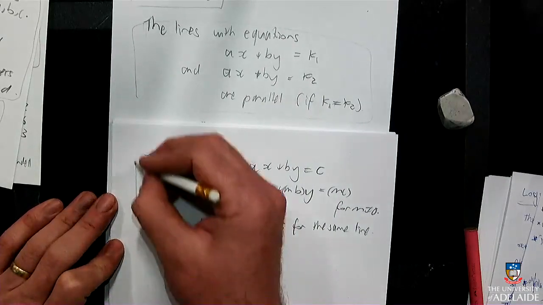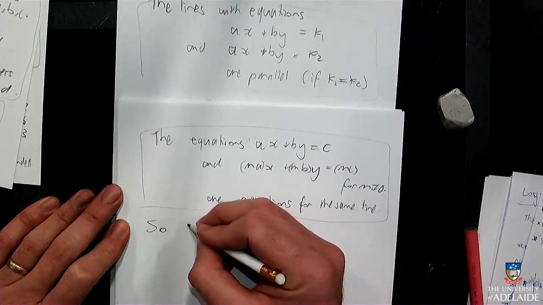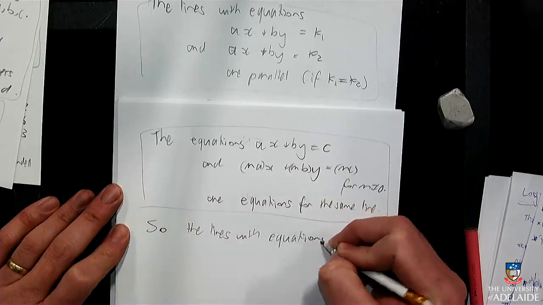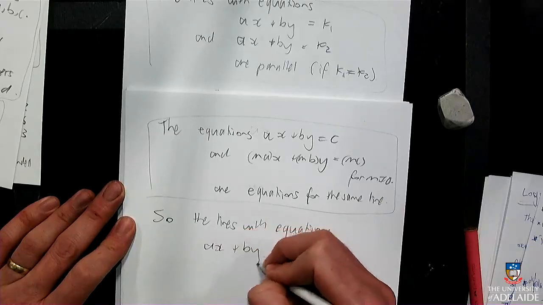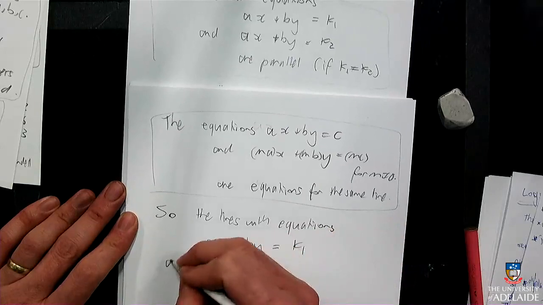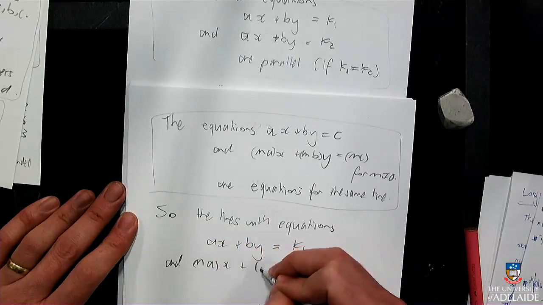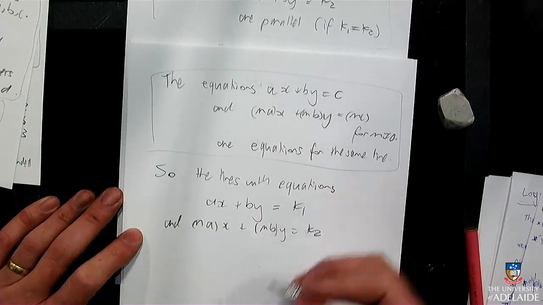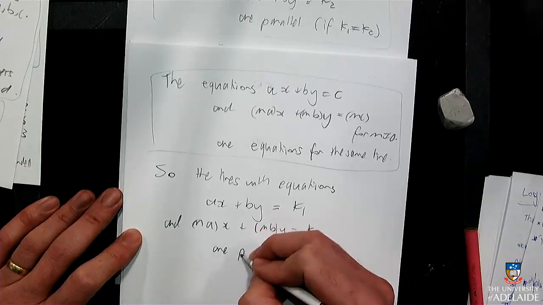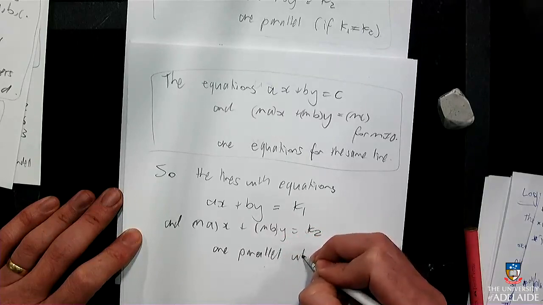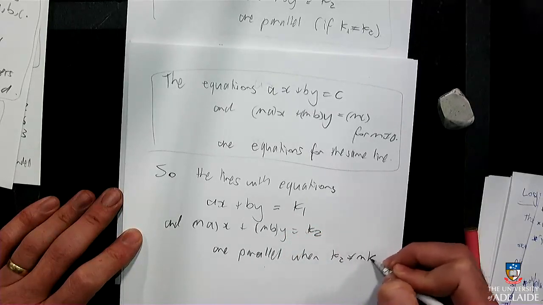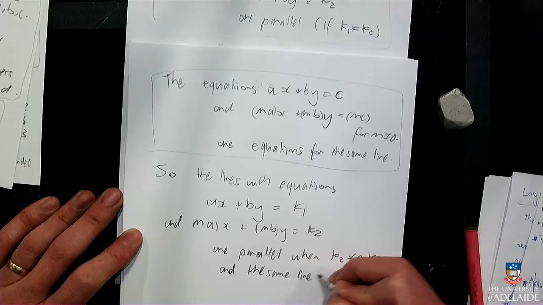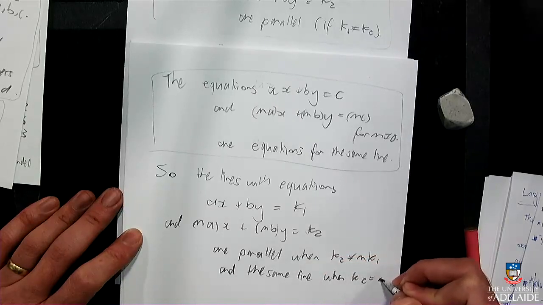So lines with equations ax plus by is k1 and max plus mby is k2, are parallel when k2 is not mk1, and the same line when k2 equals mk1.